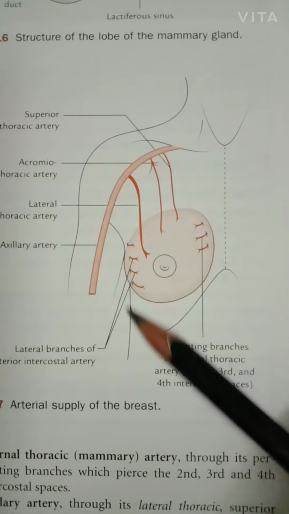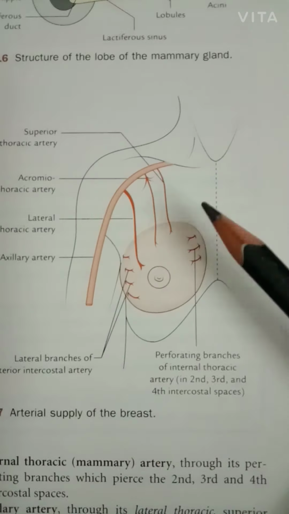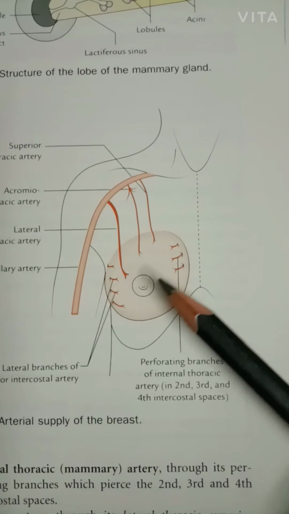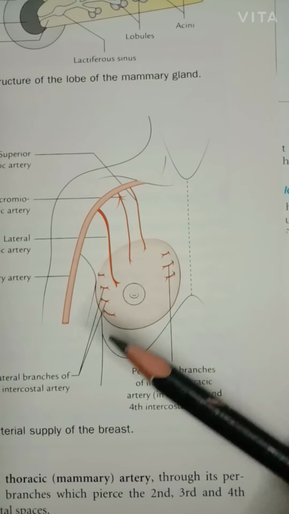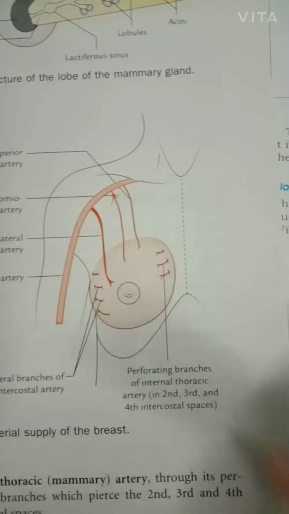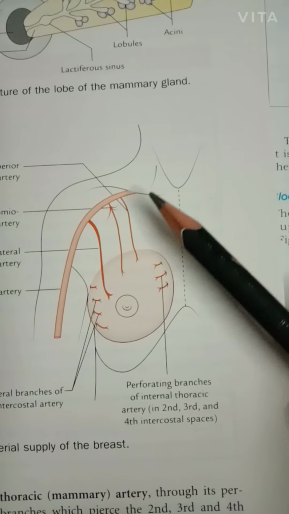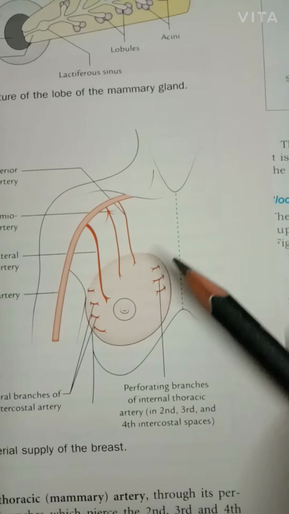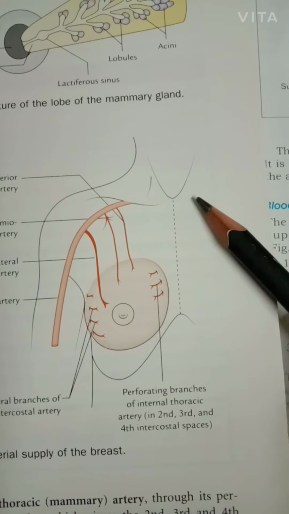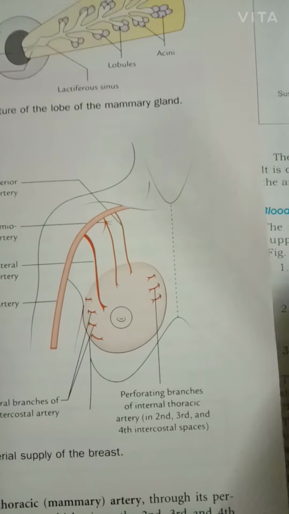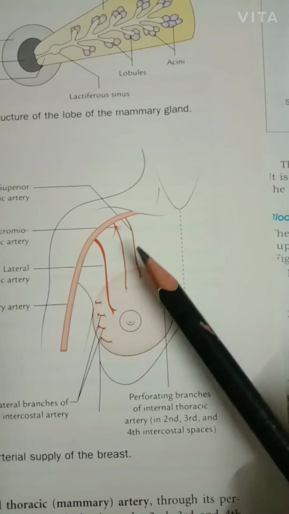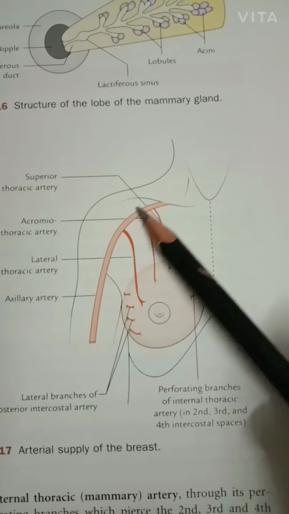Then let's see about the blood supply of the breast. The breast is extremely vascular, and it is supplied mostly by three sources. First, the internal thoracic artery, which is a direct branch from the subclavian artery. Second, the branches coming from the axillary artery.